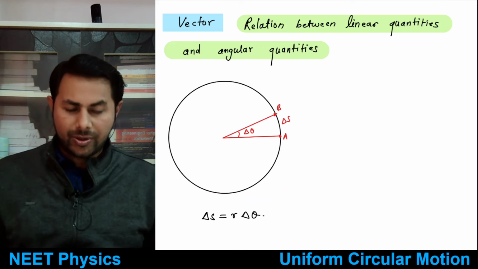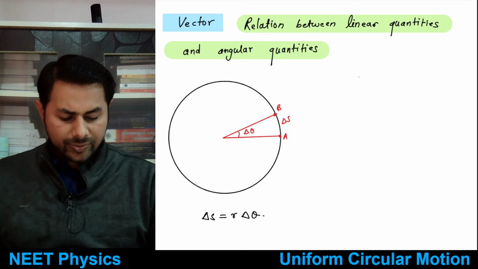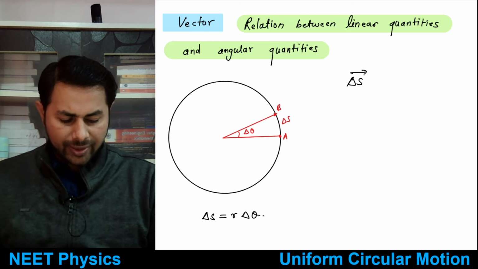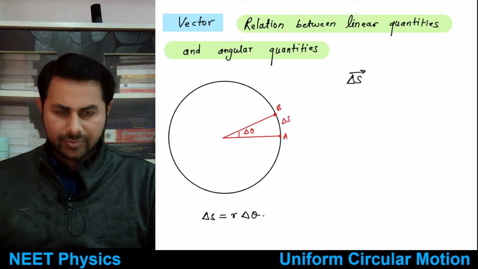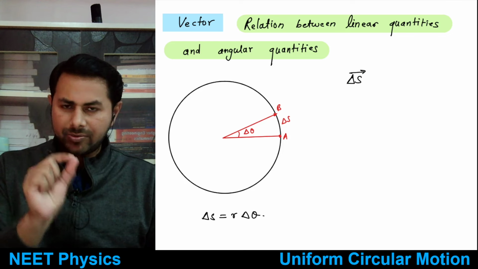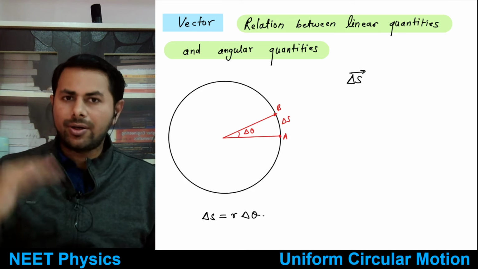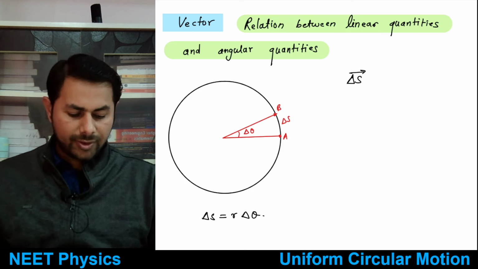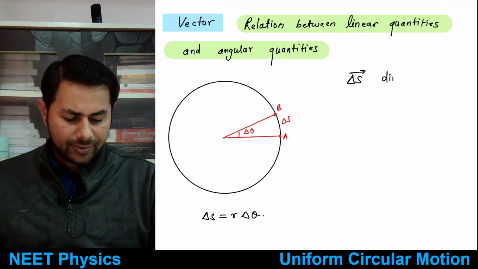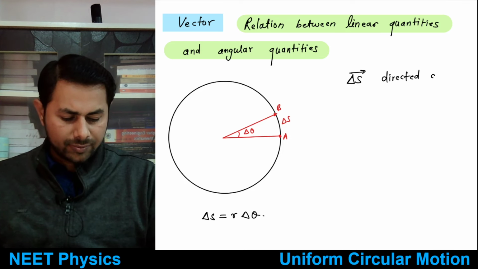So this is the scalar form, and in vector form, this delta s bar, if you take a very, very small value of that, will be directed along the tangent.